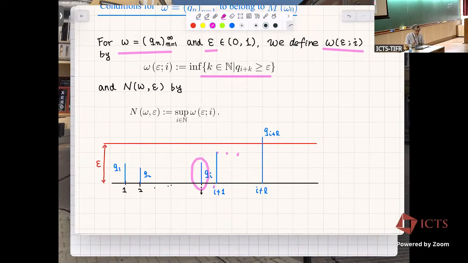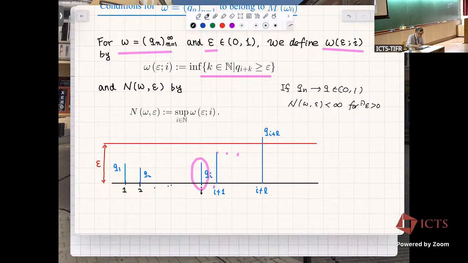So for example, if Qn tends to some number Q in the open interval between 0 and 1, then of course N(omega, epsilon) is finite for some epsilon. It's much easier.